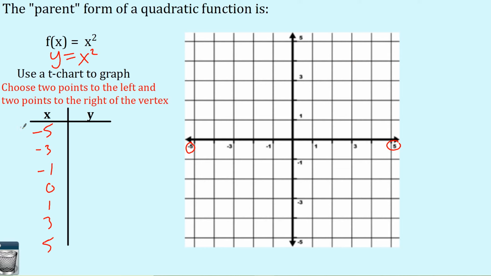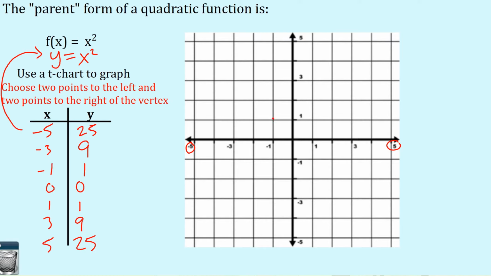So we take these x values and we plug them in here. If we plug -5 in, -5 squared is 25. If I plug in -3 squared, that's 9. Plug in -1, plug in 0, plug in 1, plug in 3, plug in 5. So -5, 25, that's way off my graph. I'm not going to graph it. And same with the -3.